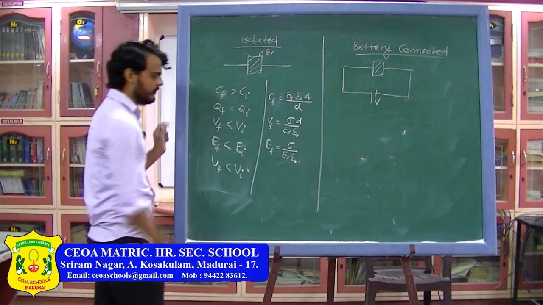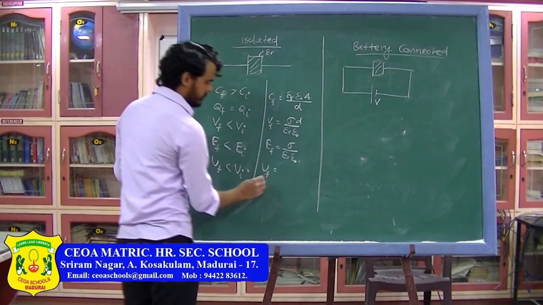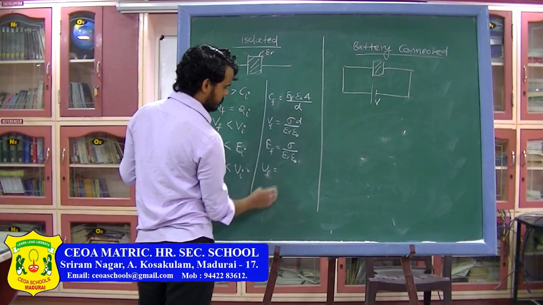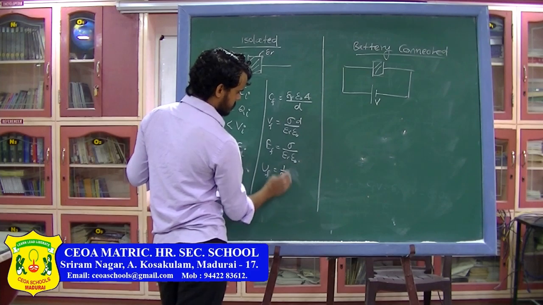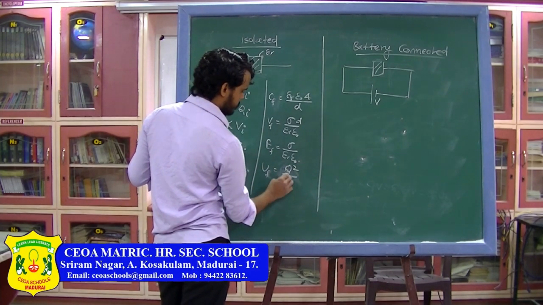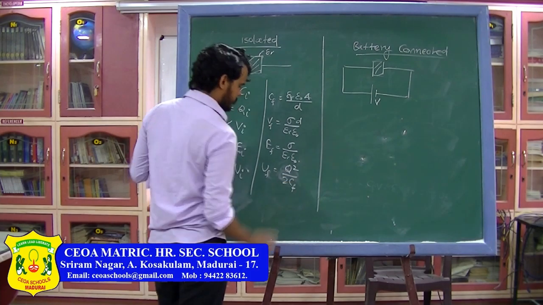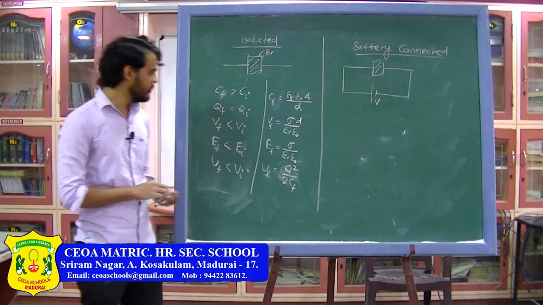And similarly, the final potential energy U final can be written as 1 by 2 C final, or Q square divided by 2 C final. As you know that C final is changing, Q remains same.